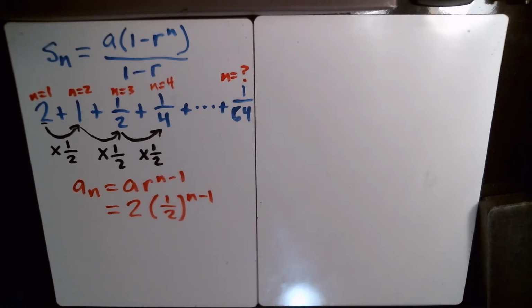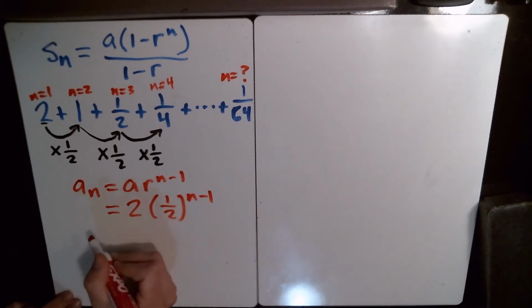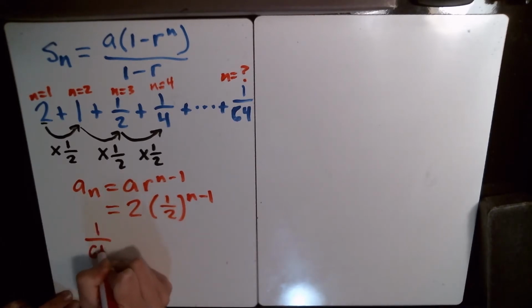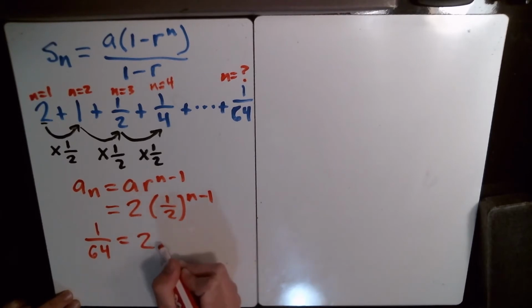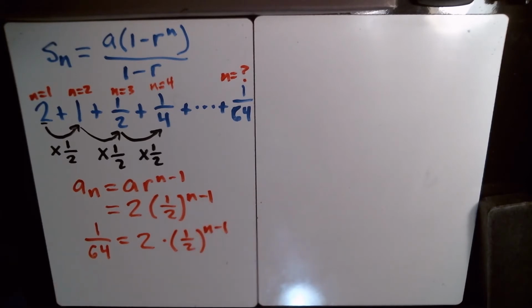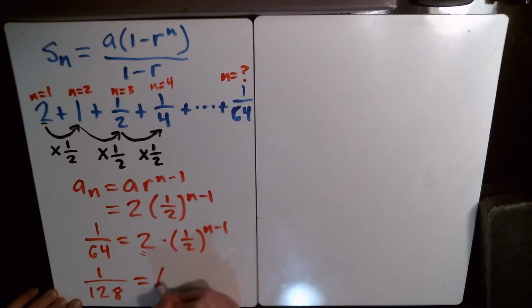Now we just need to figure out what n will give me this 1 over 64. In other words, when does 1 over 64 equal 2 times 1/2 to the n minus 1? We could divide by 2 on both sides to get rid of this part, so I take the bottom and times it by 2. Now we're trying to figure out what n is.